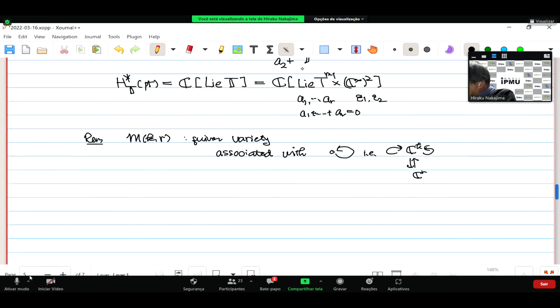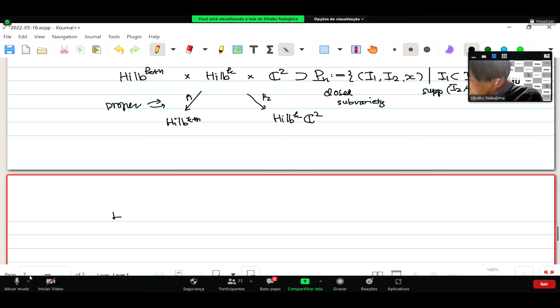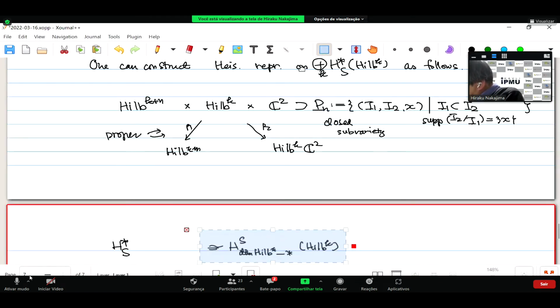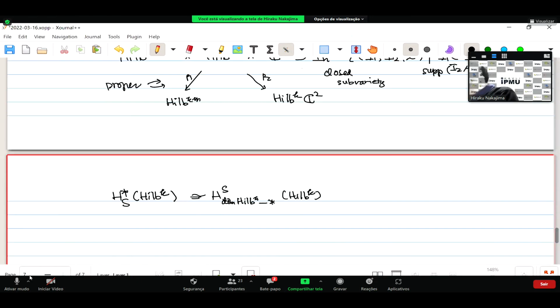This is crucial for the construction. Since we have the isomorphism of cohomology and homology groups, I can pull back.